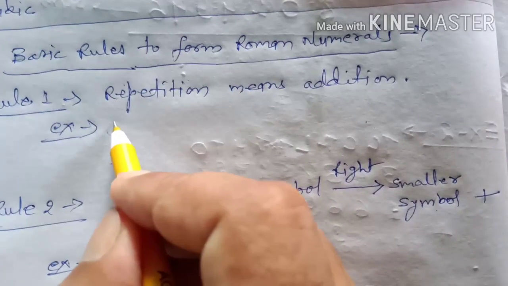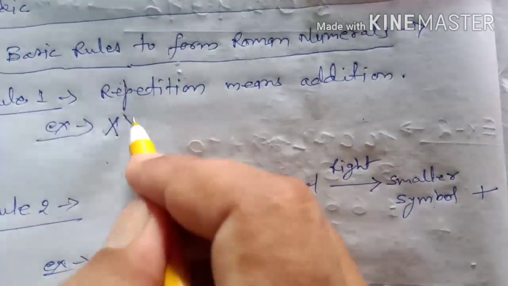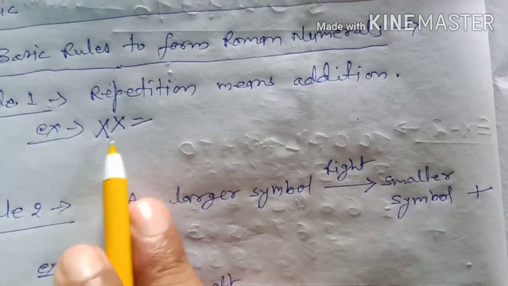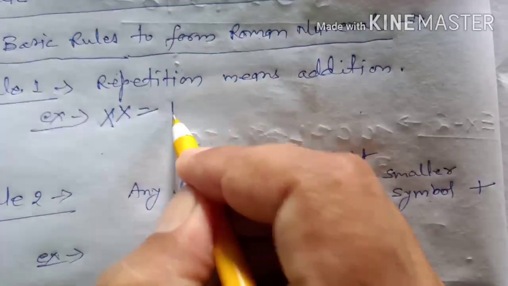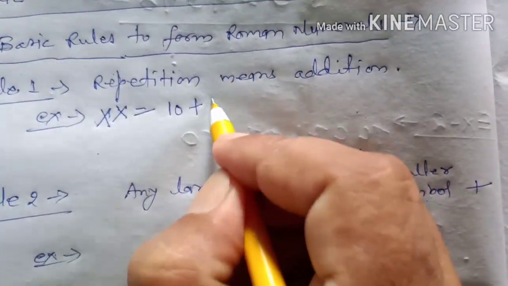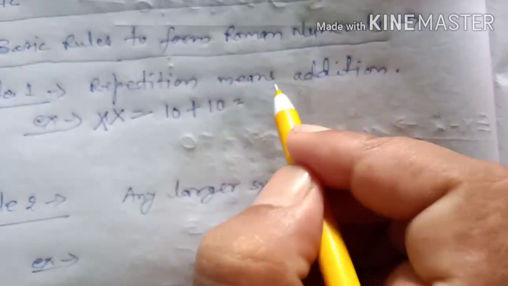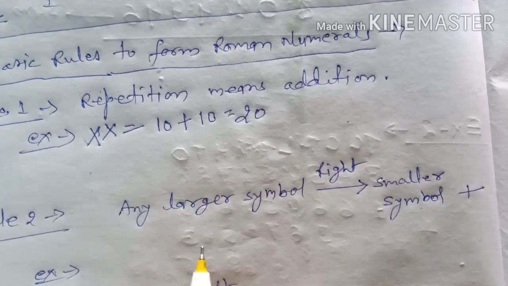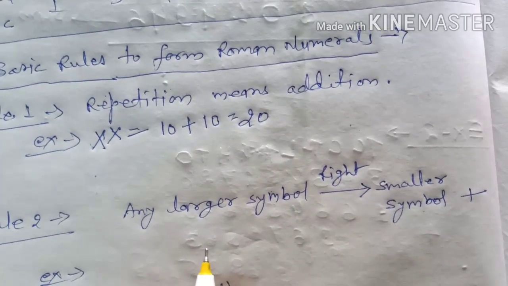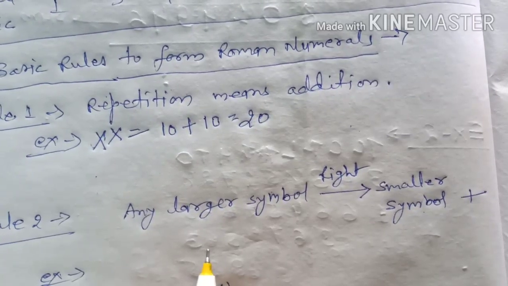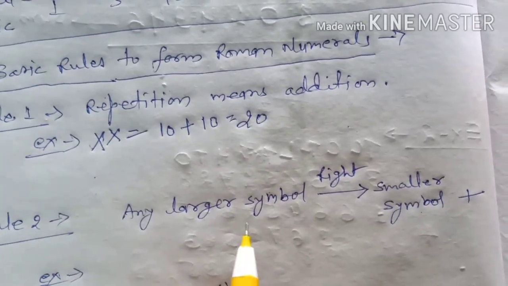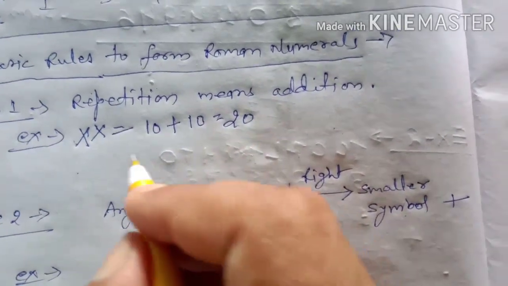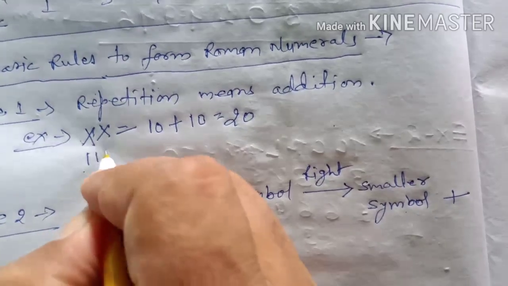Example: if we write XX in Roman numerals, here X is repeating, and X denotes 10. Repetition means addition, so 10 plus 10 is 20. There are some assumptions also given to form Roman numerals that I will tell you later. First, you see repetition means addition. Take another example.